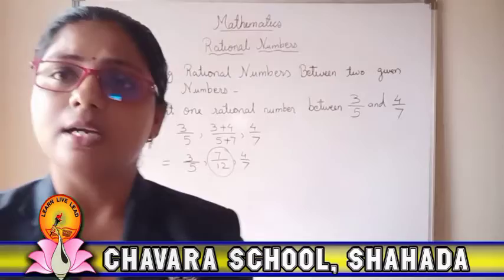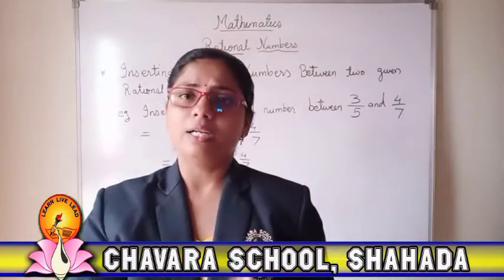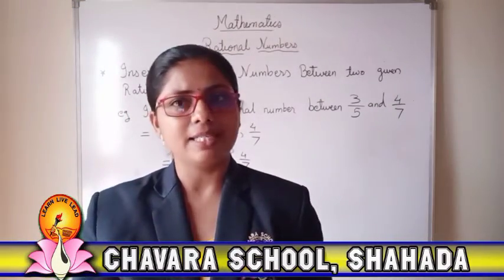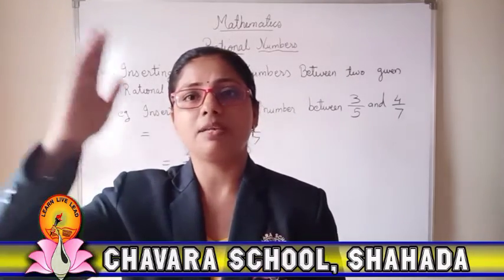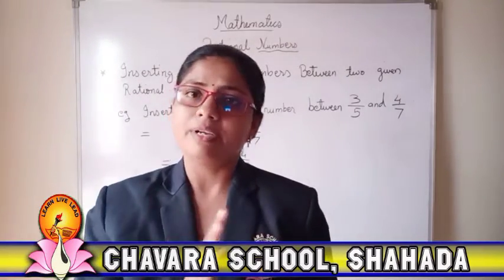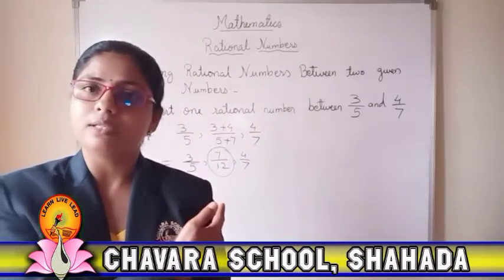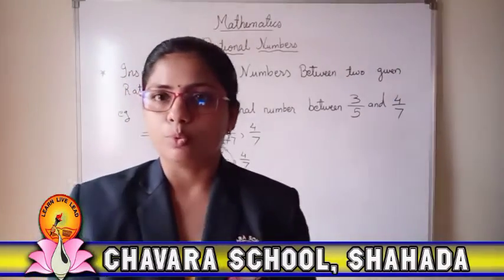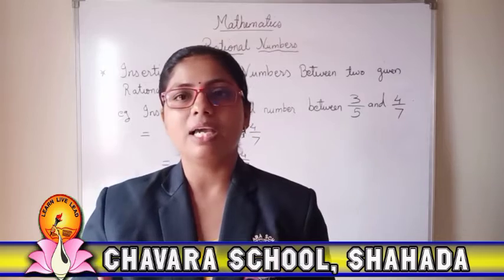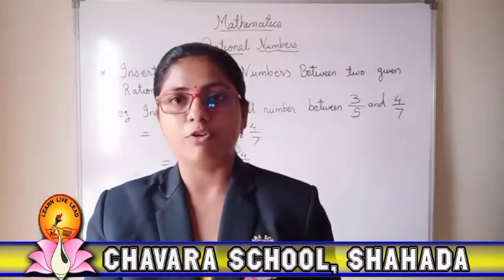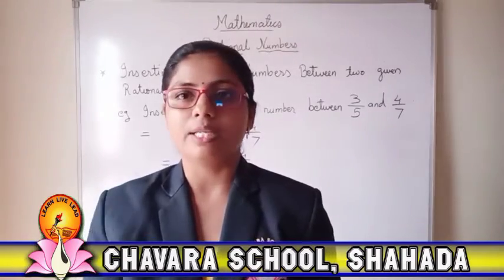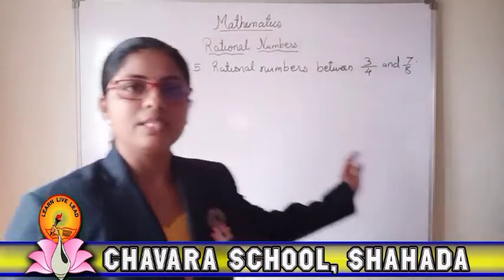Now the point comes that 1, 2, 3 numbers we can insert easily. But if it is asked for 5 numbers, 7 numbers, 10 numbers, every time you would do this procedure, how difficult it would become. So for that purpose we have another method to make it quite simple for you. Now have a look at this type of example.